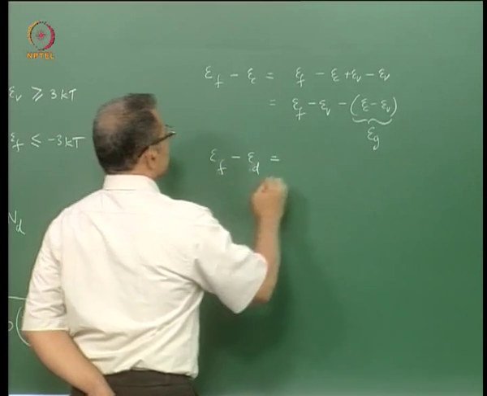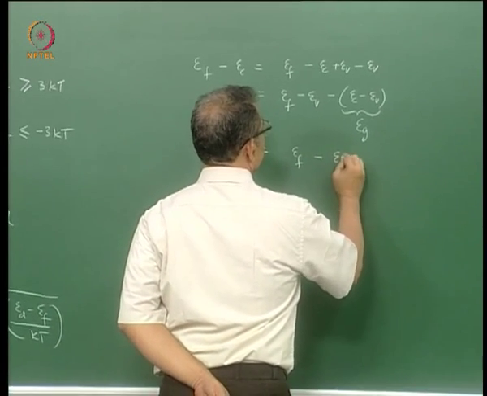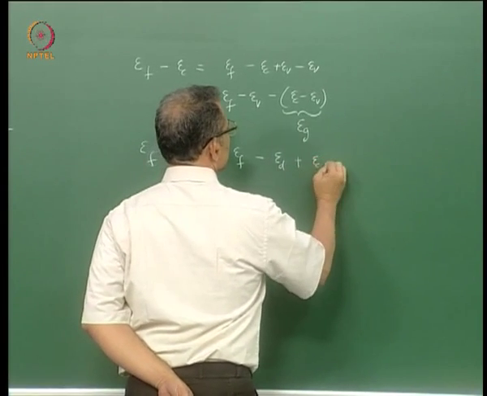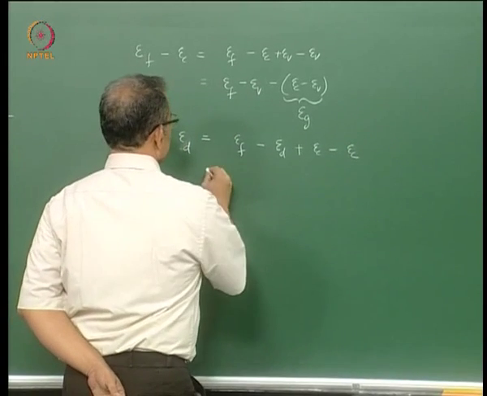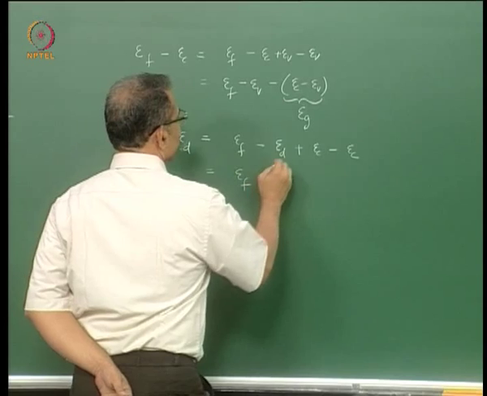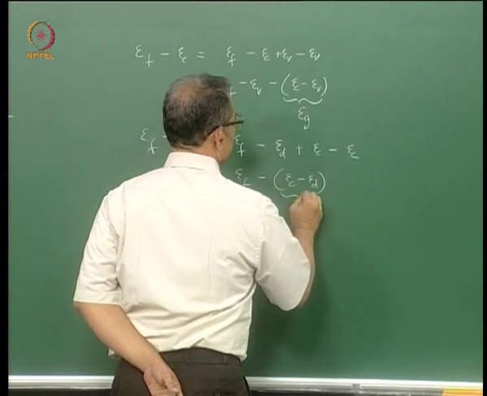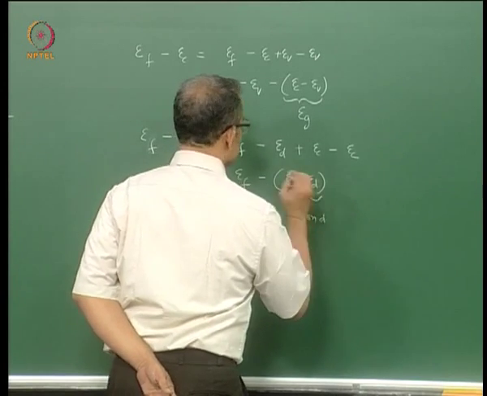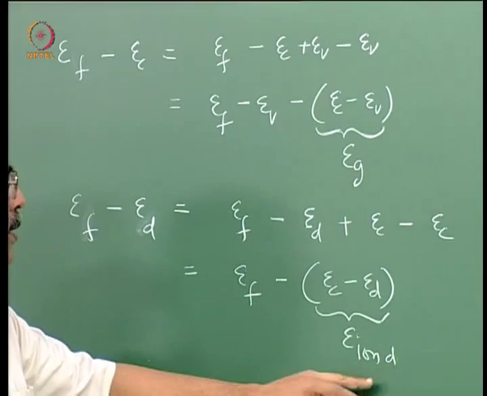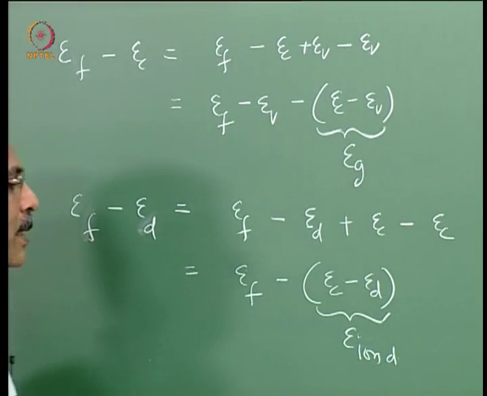So you can write this as Ef minus Ed plus Ec minus Ec, that is equal to Ef minus Ec minus Ed, which you can identify as ionization energy of the donor. So that is why I will put a suffix D, because ionization energy of the donor can be different from ionization energy of the acceptor.